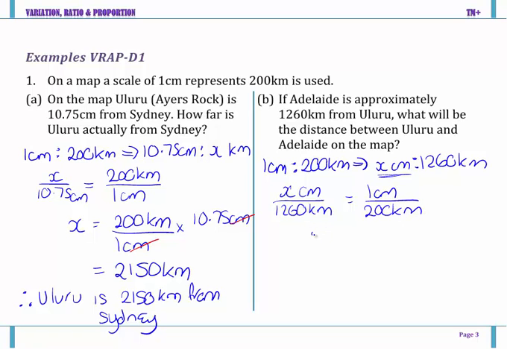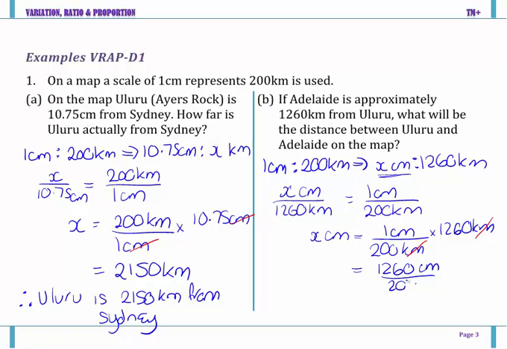From here I need to get that x on its own, so I'm going to multiply both sides by that 1260. So I get 1 centimetre over 200 kilometres times by 1260 kilometres. Again, you can see that this unit will cancel out. So this one ends up being 1260 centimetres over 200.